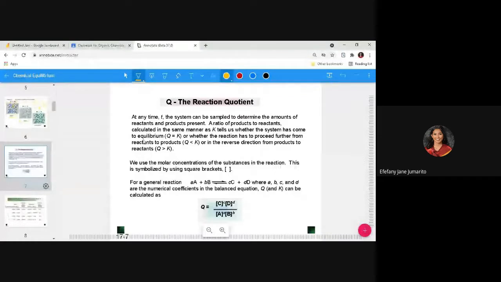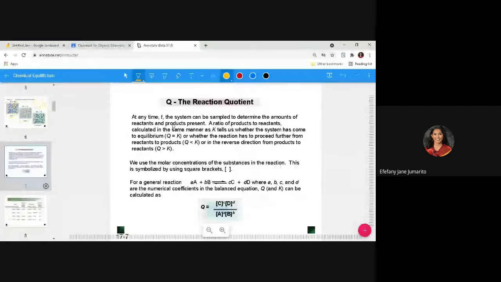A reaction quotient: at any time, the system can be sampled to determine the amounts of reactants and products present. A ratio of the products to reactants, calculated in the same manner as K, tells us whether the system has come to equilibrium, or whether the reaction has to proceed farther from reactants to products, or in the reverse direction from products to reactants.